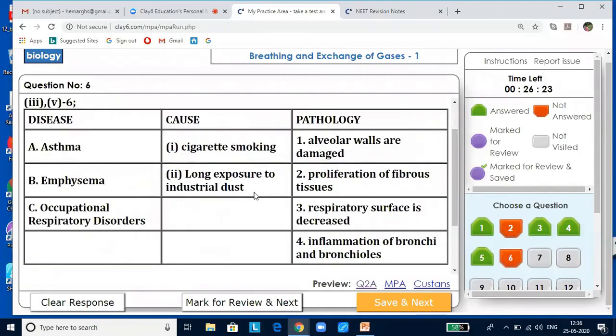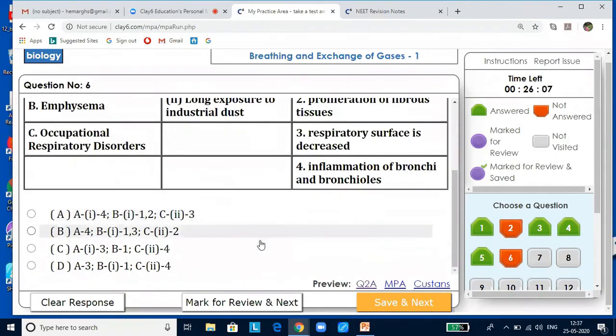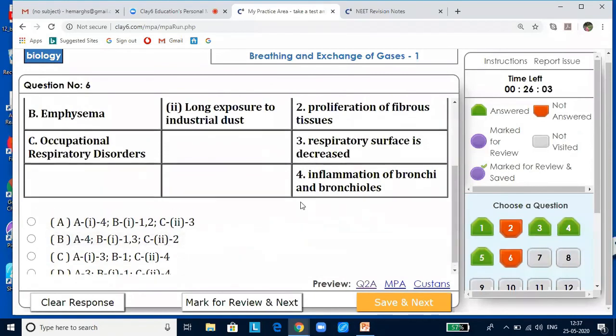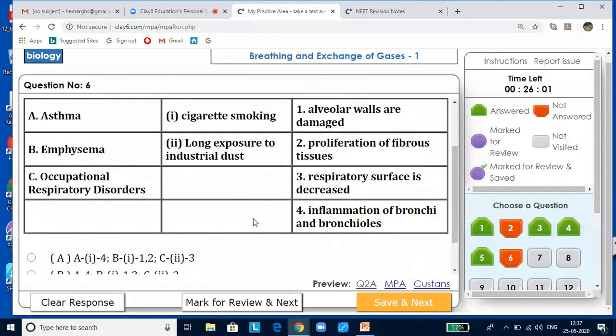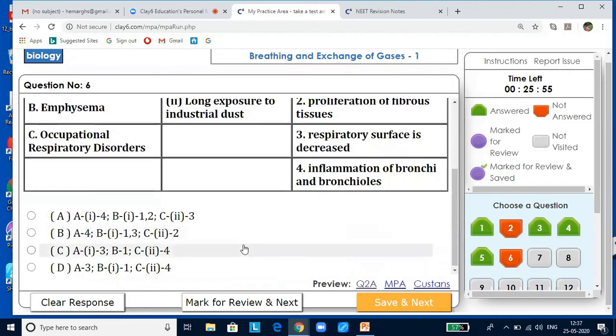Now this is multiple matching. We have to look into that. If you look at asthma, it is inflammation of bronchi and bronchioles. Okay. So A will be equal to 4. So there is nothing in 1 and 2 to list for asthma. A can be equal to 4. Then B is equal to 1.